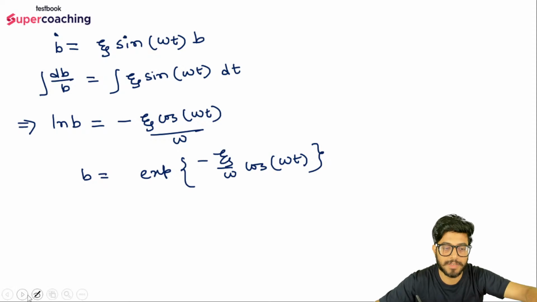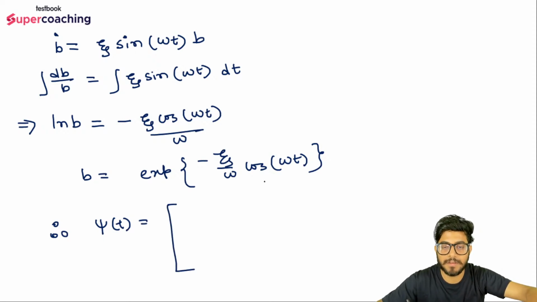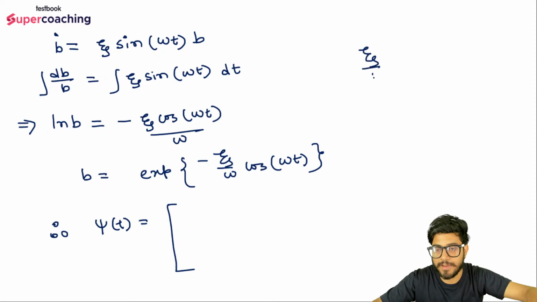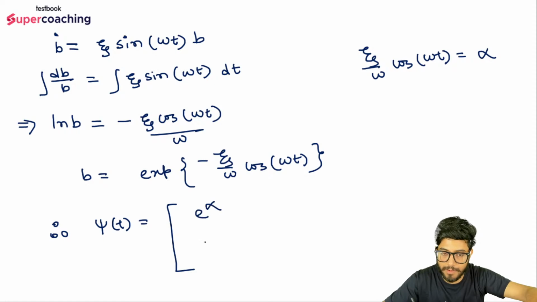Therefore psi at time t can be written as, if I say zeta by omega cos omega t is my alpha, e to the power of alpha, e to the power of minus alpha.